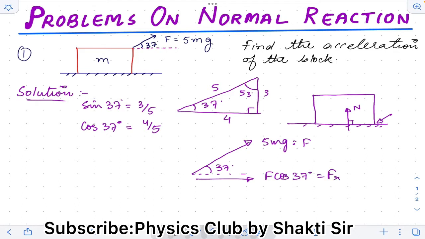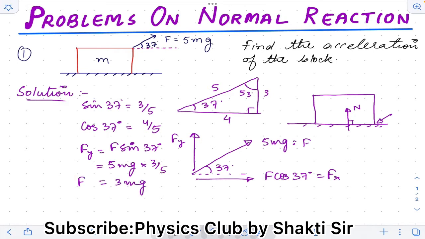We can say this is the force along the x-axis, and its value along the y-axis is fy, that is the force along the y-axis, which becomes f sine of 37 degree. So we can solve its value. The value of f is 5 mg and sine 37 degree is 3 by 5. So it becomes 3 mg. This is the magnitude of force along the y-axis.